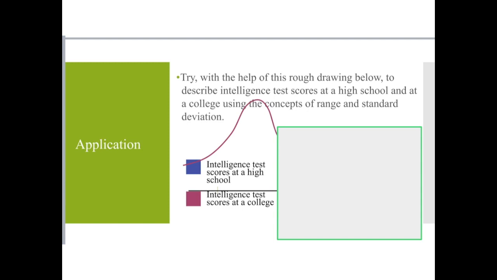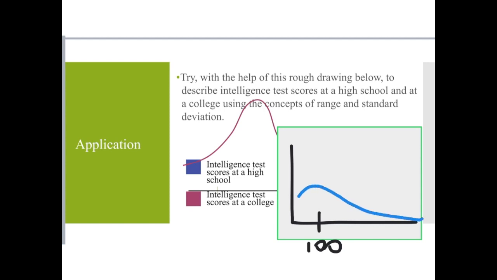I want black, and I want it to look like this. So if this is 100, blue are intelligence test scores of high school students, and red are intelligence scores at a college.